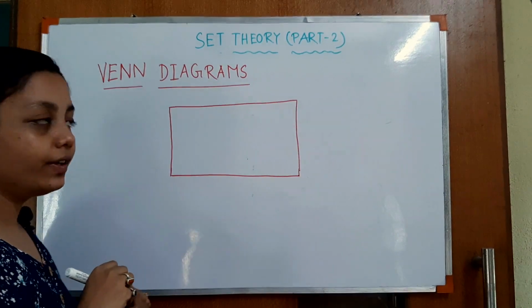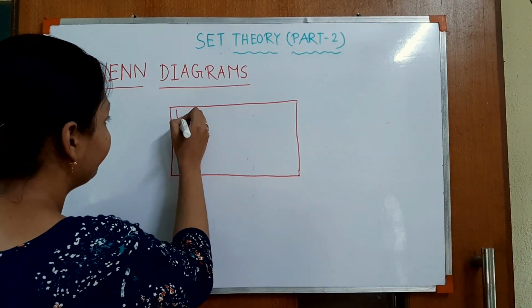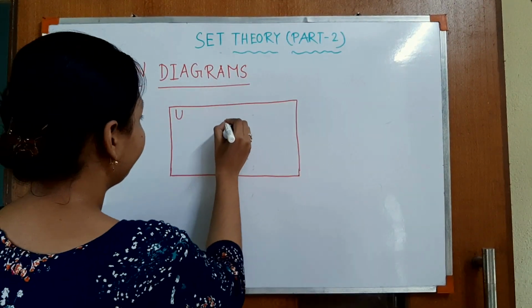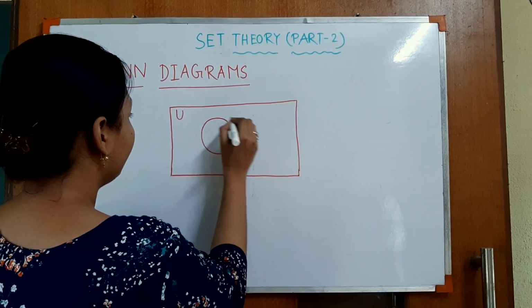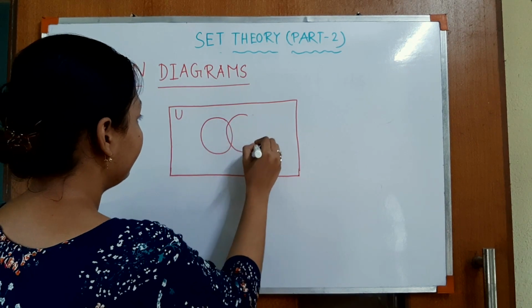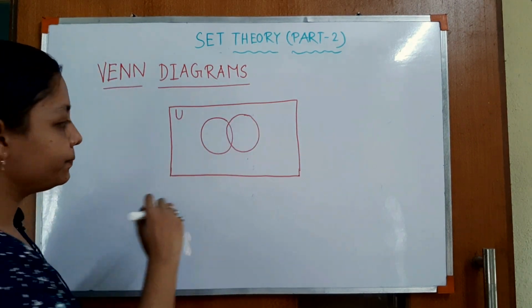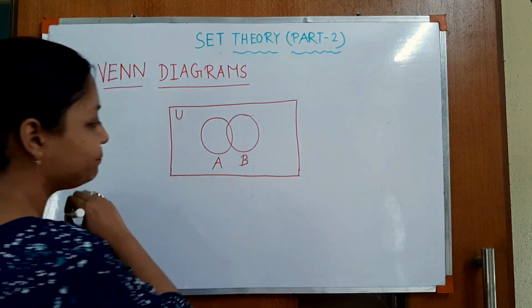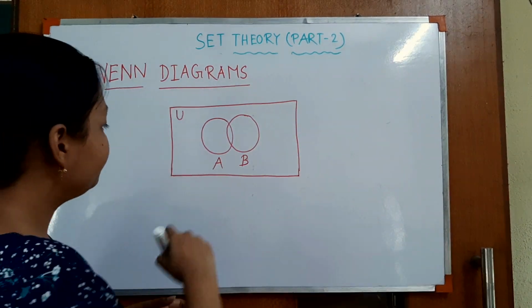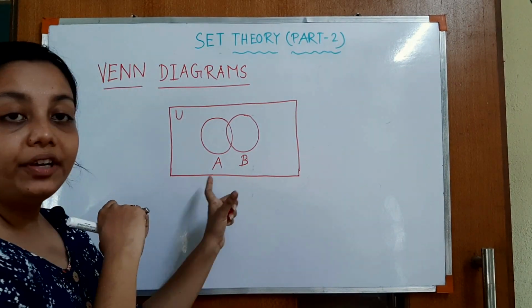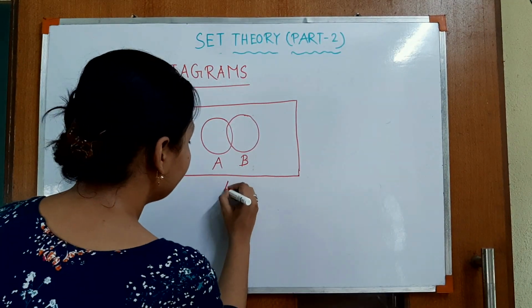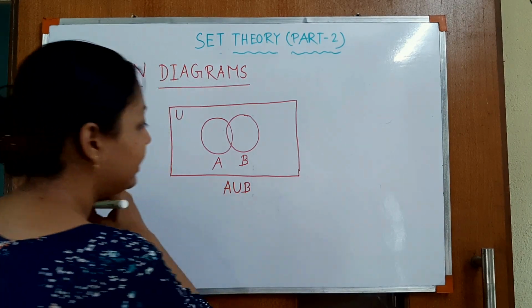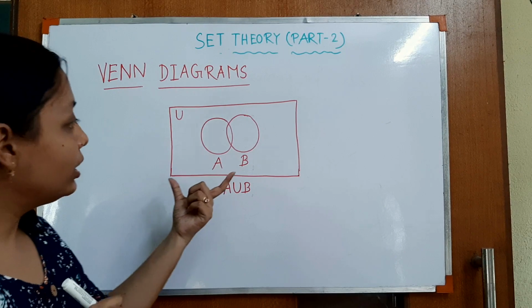This is universal set U, and we take two sets, A and B. Now here the relation between A and B is A union B. Then which part can we shade?